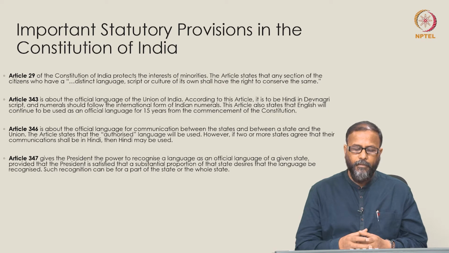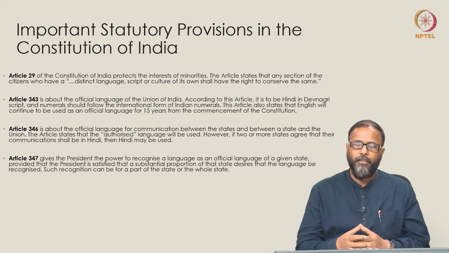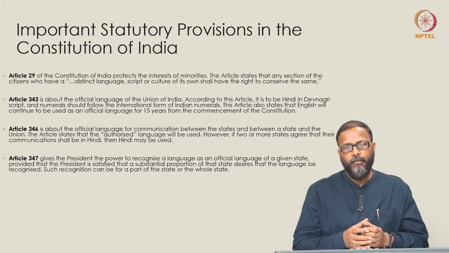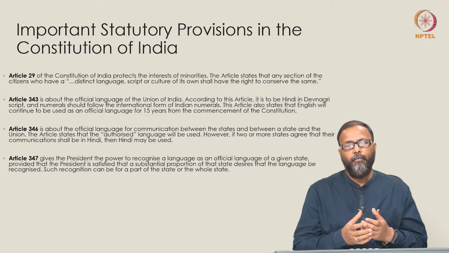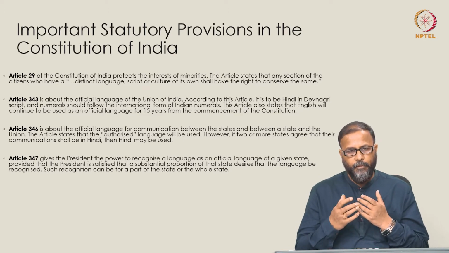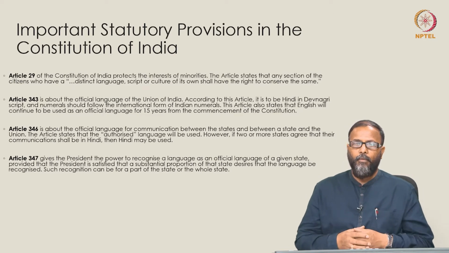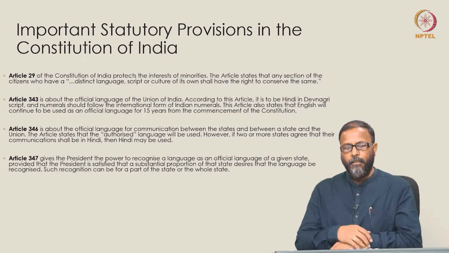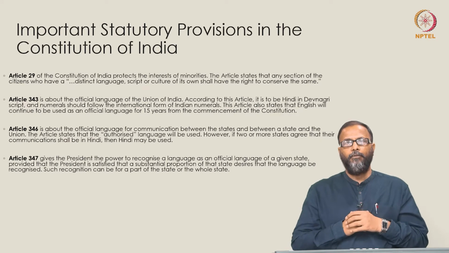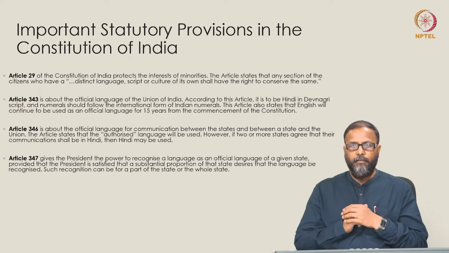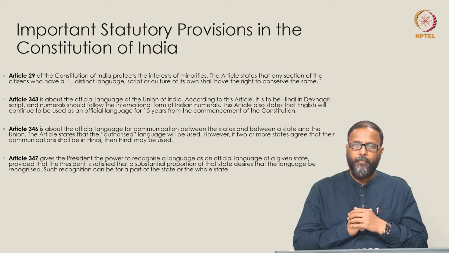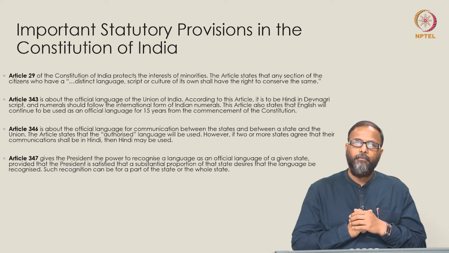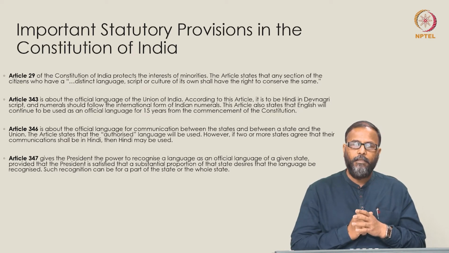of the Constitution of India protects the interest of the minorities. So even if some languages have a lesser number of speakers, or that particular class of society has a small group of people, the Constitution of India also protects their language rights and their interests, and it refers to this in Article 29.